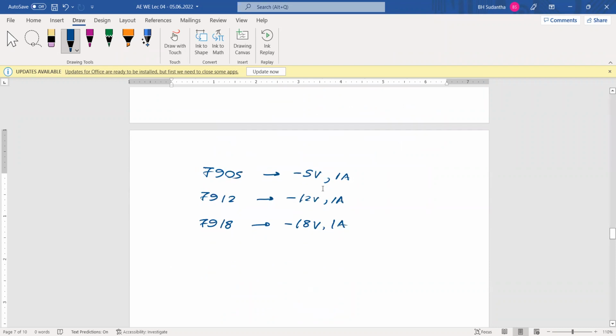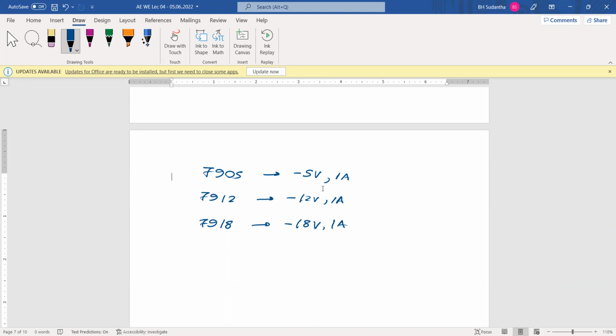These two are very simple circuits, but if you want to go beyond 1 ampere, then you have to have a different type of IC. Actually, I am not going to discuss all these IC type regulators, but you can search the internet and find different types.